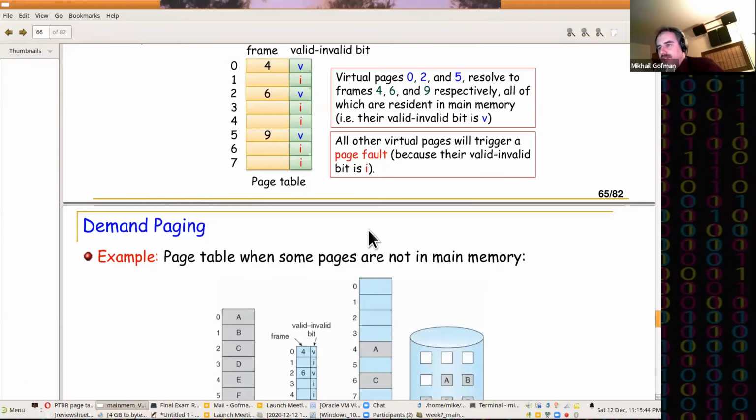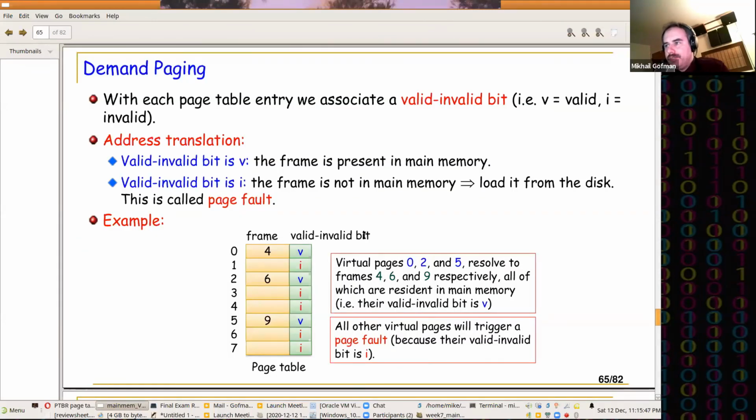Demand paging basically means that in order to save memory and to allow processes to have more virtual memory than there is available physical memory, we can temporarily keep some process pages on the disk without actually allocating physical frames in RAM until that page is needed.